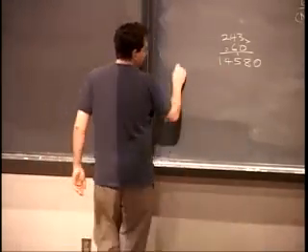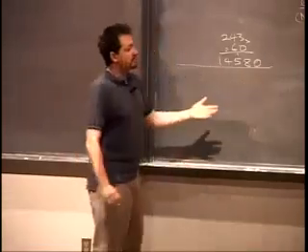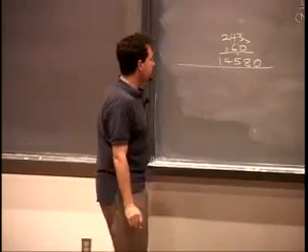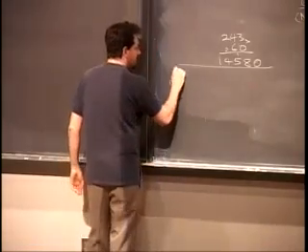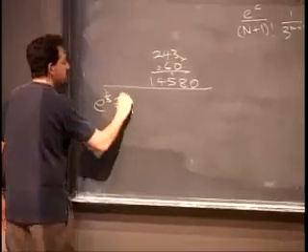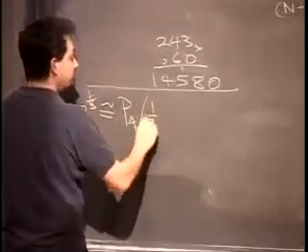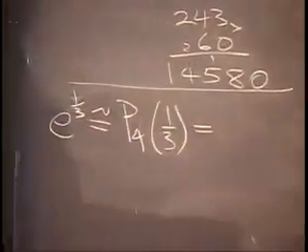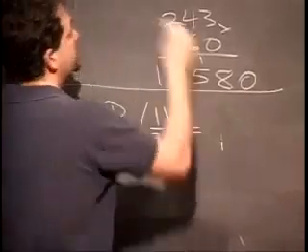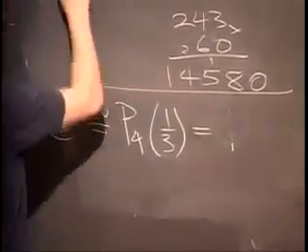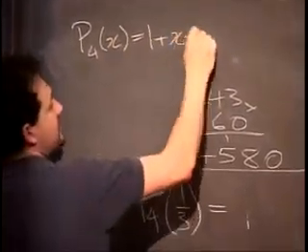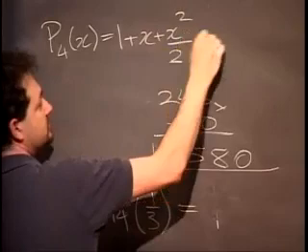Watch. We have now determined that the error is less than or equal to 1 over 10,000 when n equals 4. So I can now say e to the 1/3 is approximately equal to P4 of 1/3. And I need to use, therefore, a Taylor polynomial at a third, which is, well, let's just write down in general, P4 of x, no doubt looks like this.